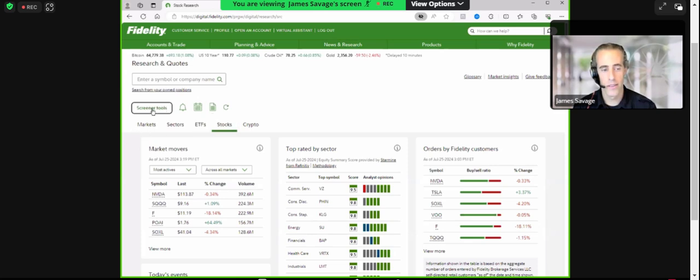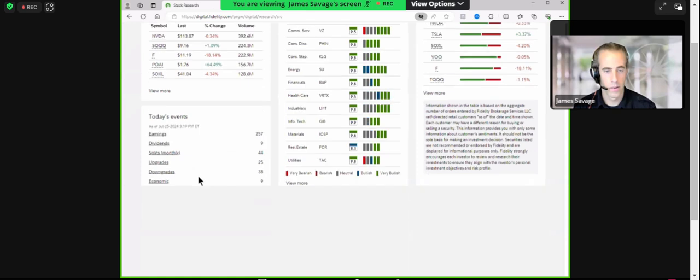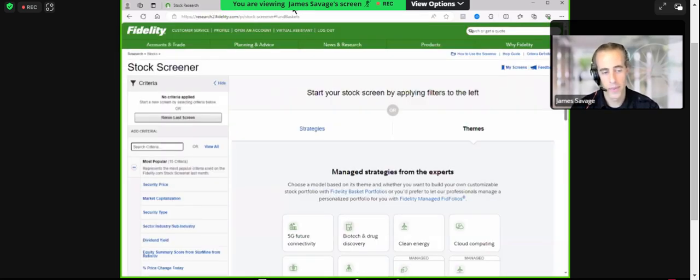And you'll want to click on the screener tools, which will take you to this default page here.